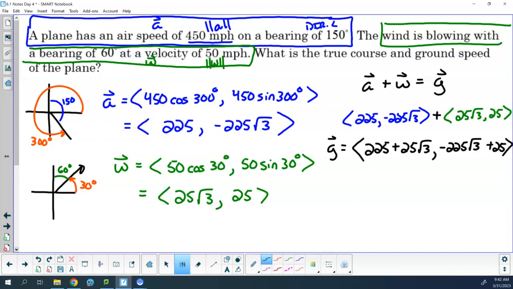But now we're well into the problem. We could probably just figure out what those are in their decimal form. Okay? So 225 plus 25 square roots of 3 is how much? Let's go to at least 3 decimal places.